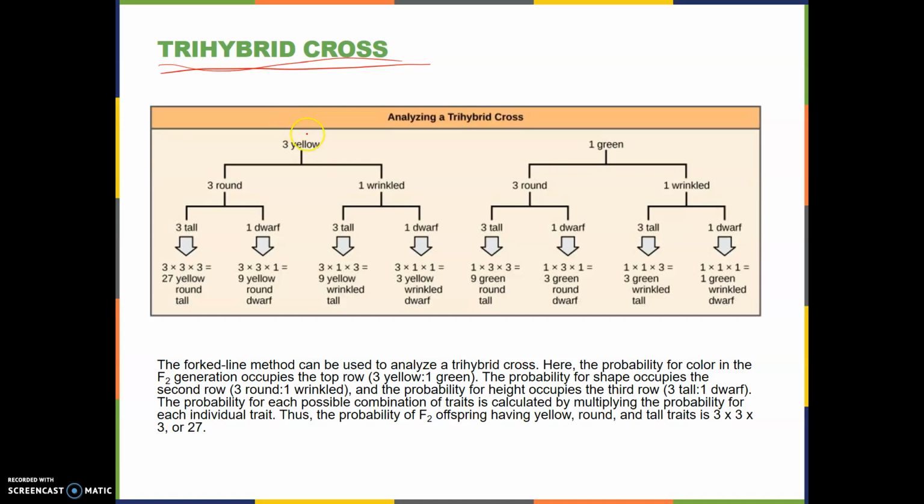It doesn't mean you have 3 yellow. It means a 3 to 1 ratio of yellow to green. So for every 4 garden pea seeds, 3 are yellow and 1 is green.